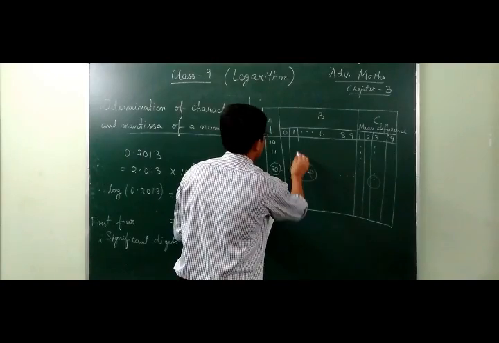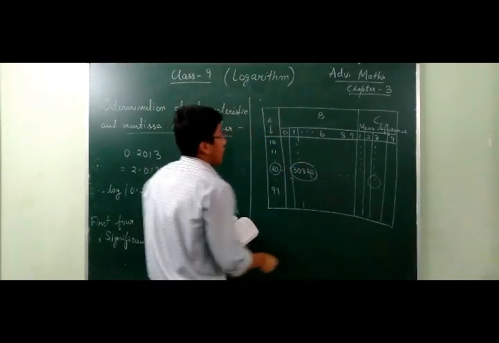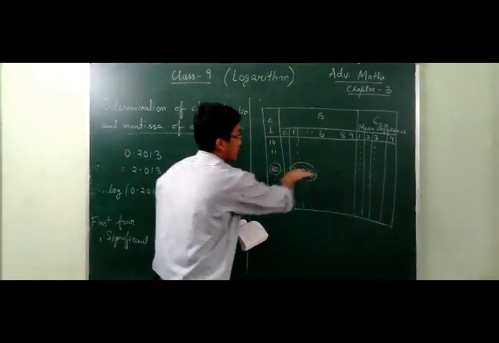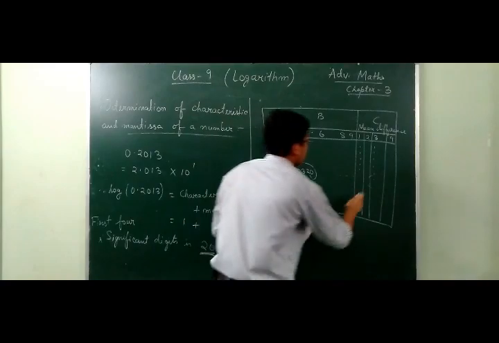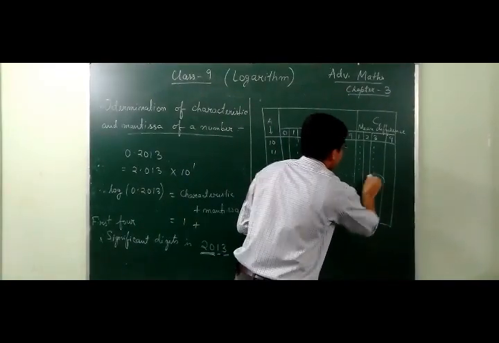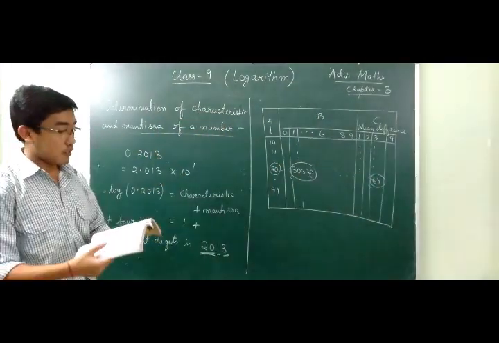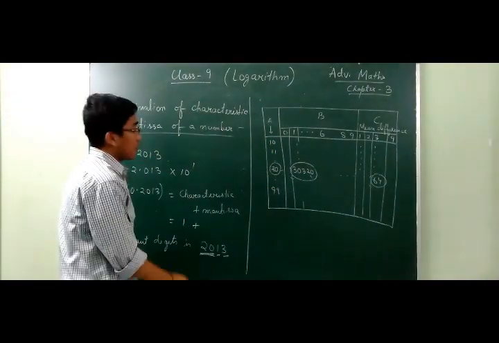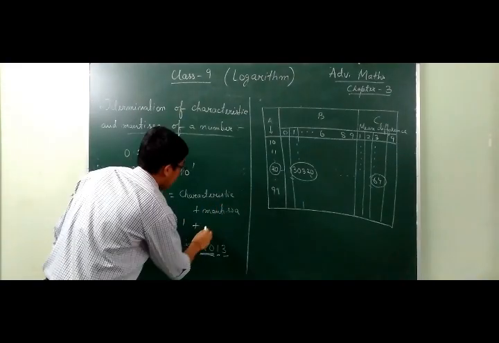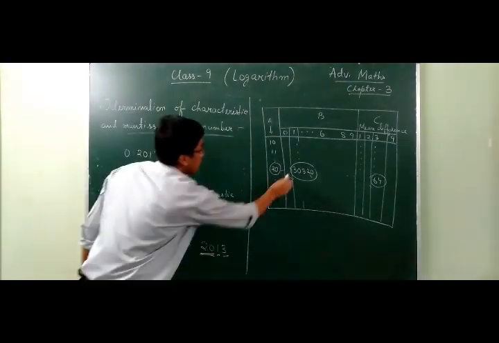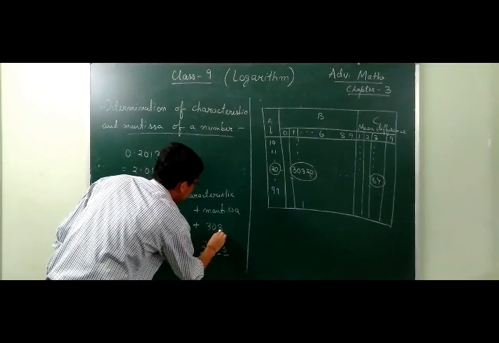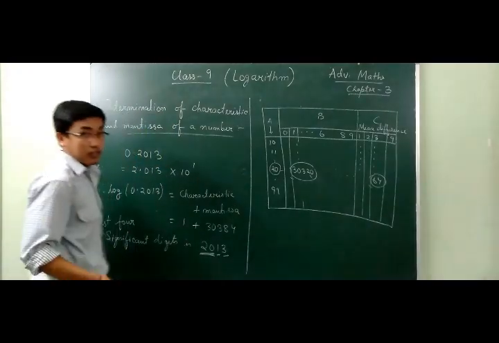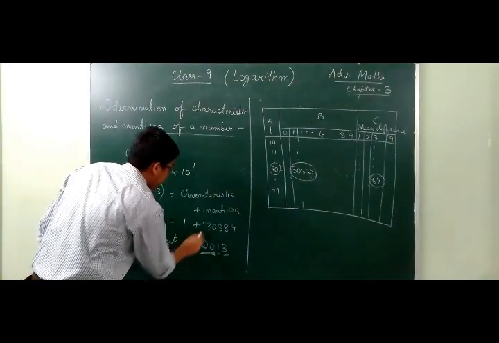And the number below 3 with respect to this 20 row is 64. You can verify this from your log table. This is very easy. Now we add these numbers. If I add these, 30320 plus 64, you will get 30384, plus the decimal point here.